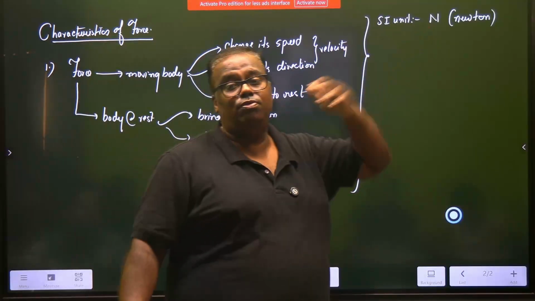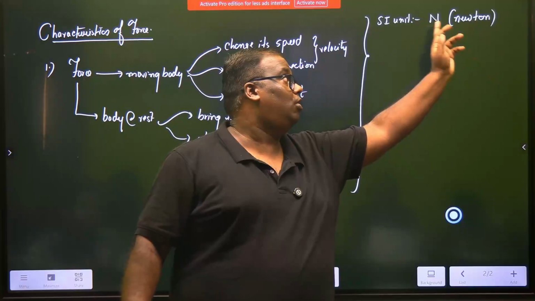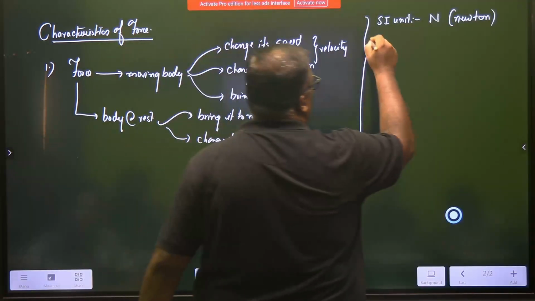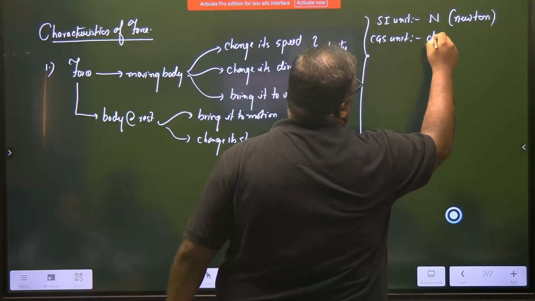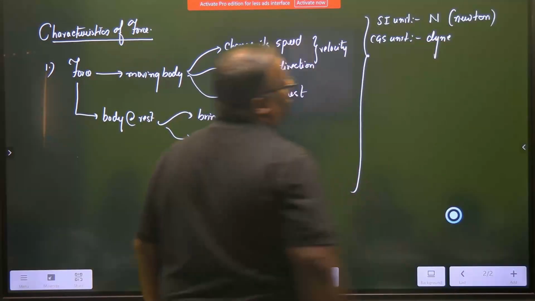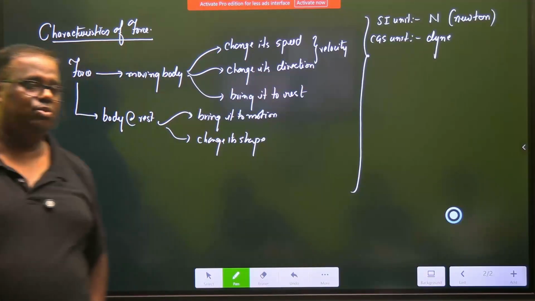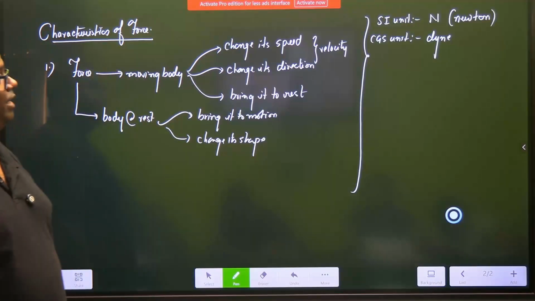However, when we write 5 newtons, you can write 5 newtons or 5 N. This is the SI unit. The CGS unit of force is dyne. We'll see the relation between each.